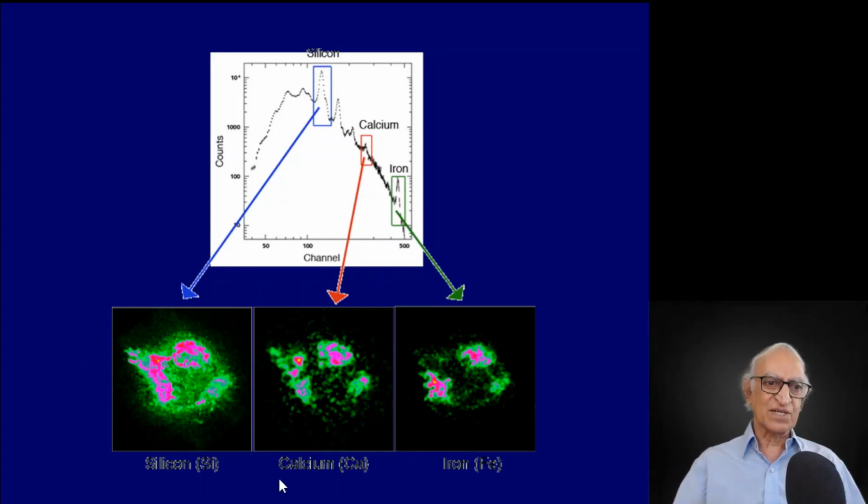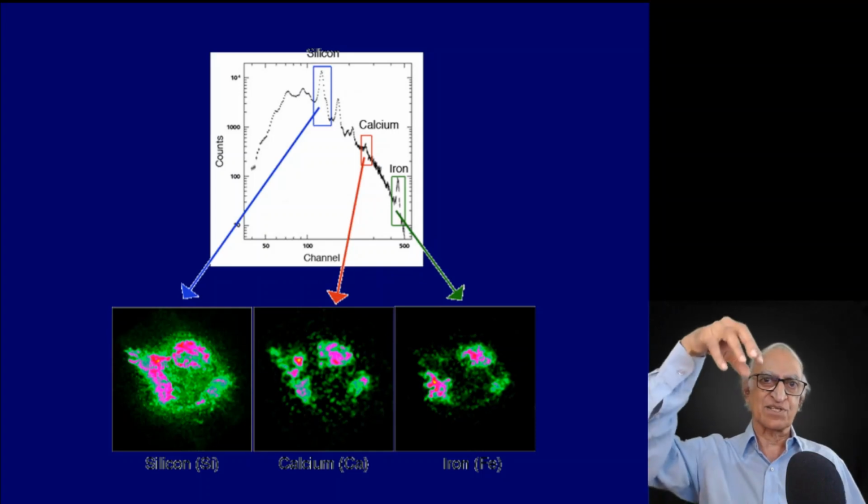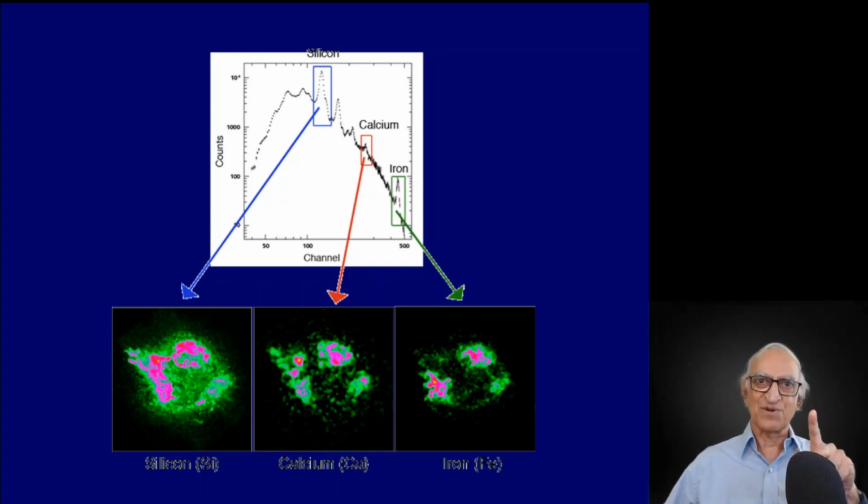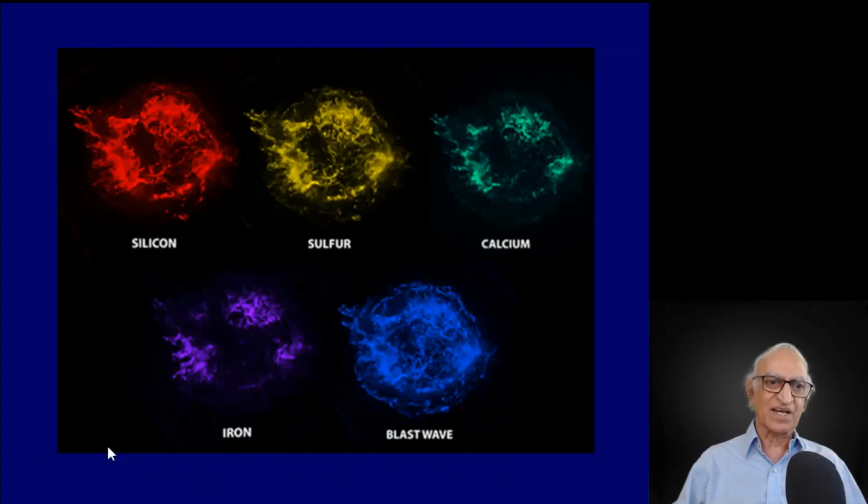And the beautiful thing about the transmission grating is you can image the supernova remnant at different wavelengths by looking at different orders of transmission through the transmission grating. If you remember your grating spectra from your undergraduate days. So what you see here are actually images of Cassiopeia A taken in the line of silicon, taken in the line of sulfur, calcium, iron, and so on.